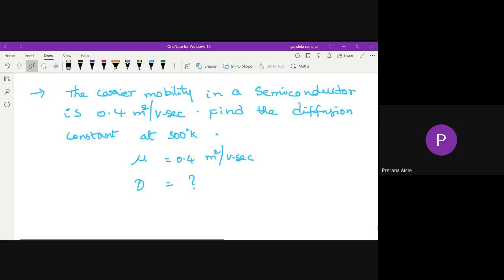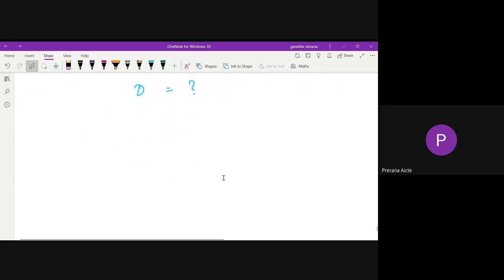According to the Einstein relation, D by mu is equal to Vt, where Vt is the thermal voltage.